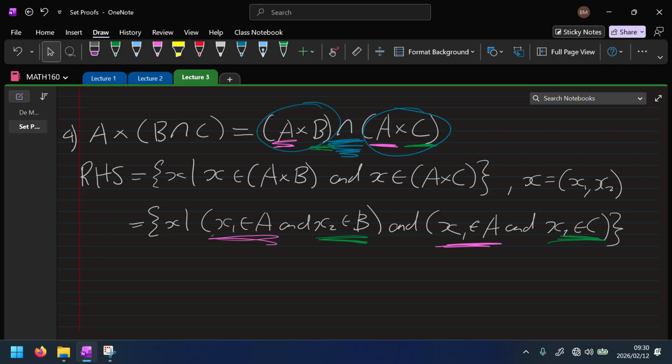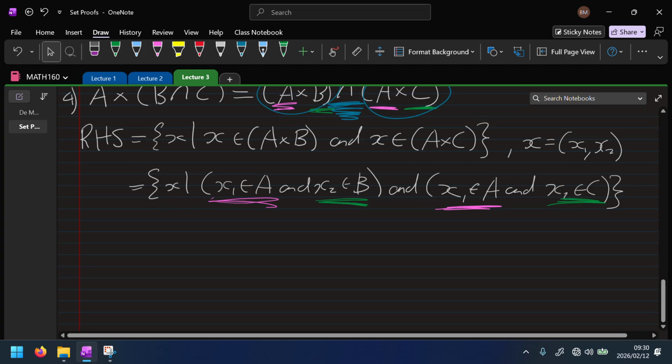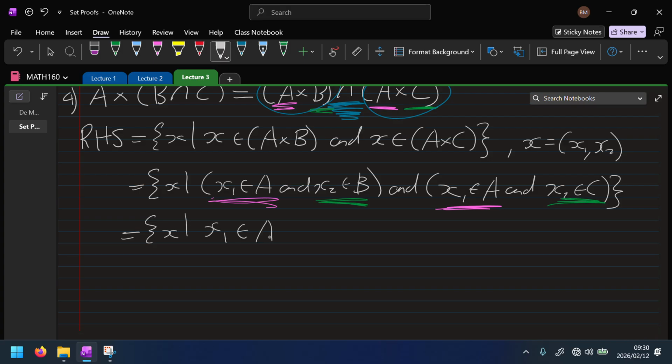So what I'm going to do is drop the brackets and just have everything on one line. It'll make it a bit easier to see. So X1 elements of A and X2 elements of B and X1 elements of A and X2 elements of C. Did everyone see?